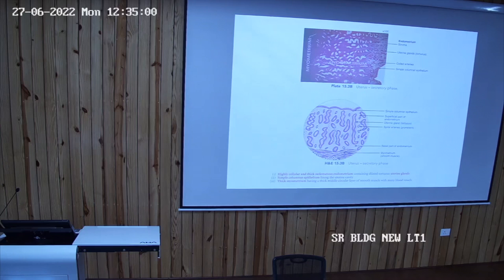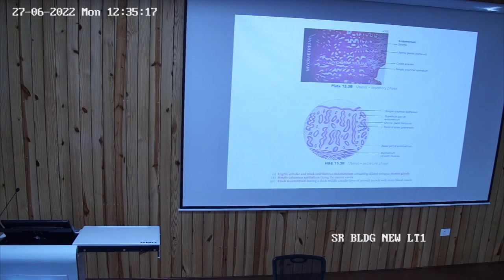Once you identify the slide is of the uterus, definitely the next question will be which stage, secretive or proliferative, and that can be identified by the shape of the uterine glands.